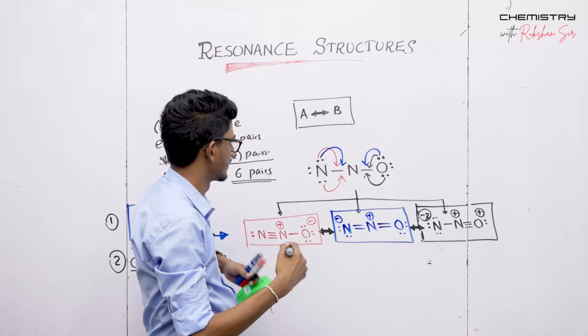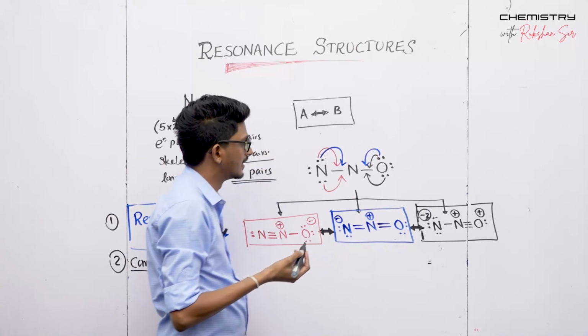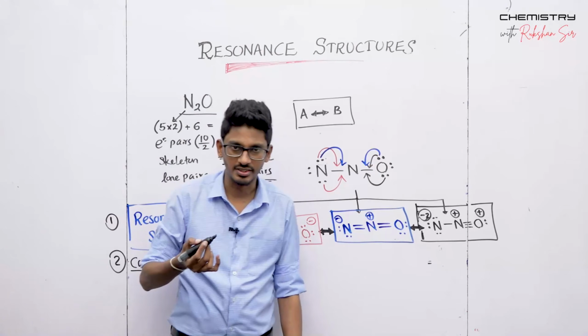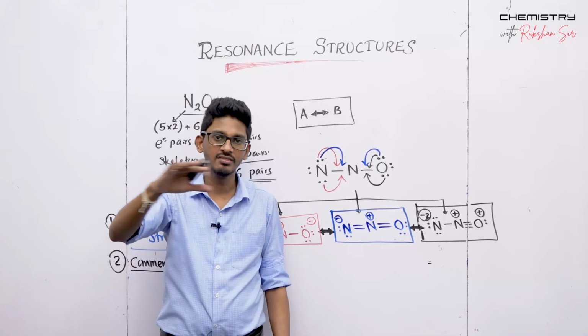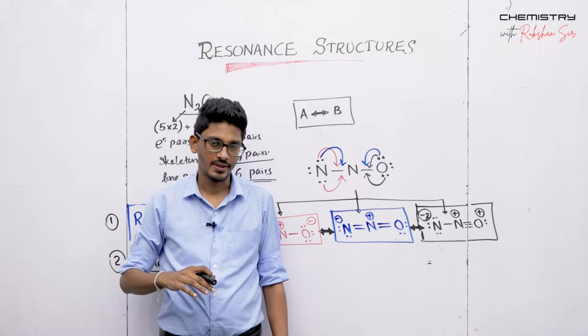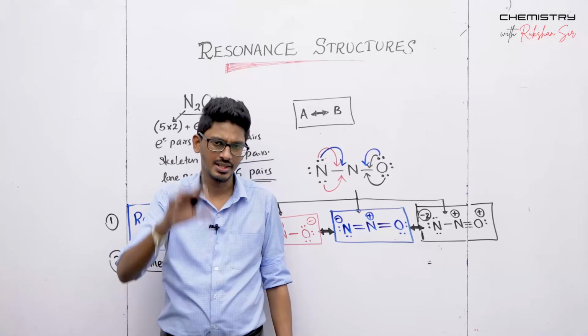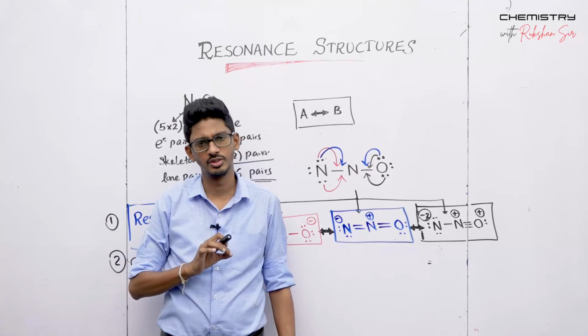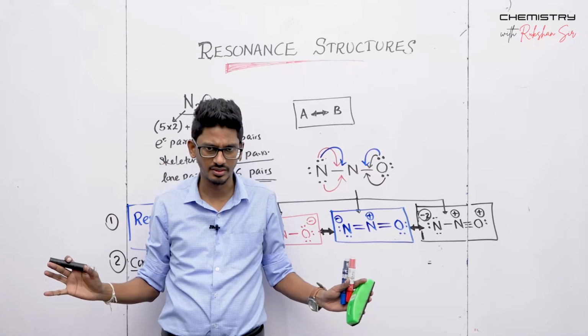The first concern is, if you can draw a structure without charges on any one of the atoms, that structure is the most stable structure you can draw, because there are no interactions with the others.